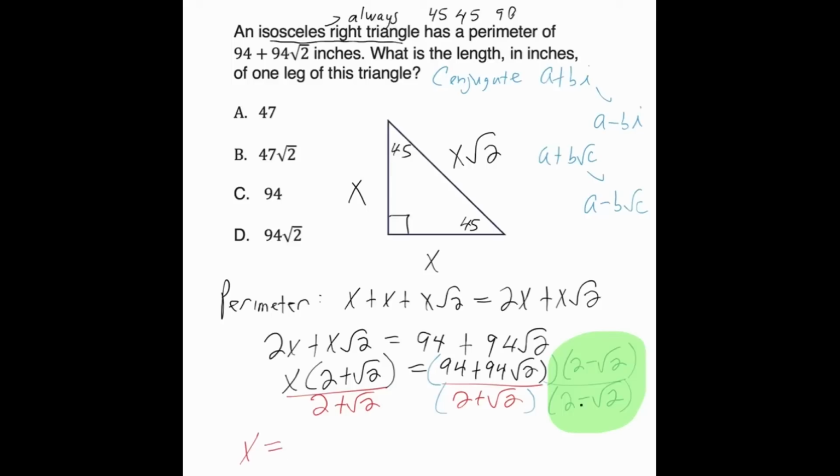And when we multiply the denominators, we'll have first times first, outer times outer, inner times inner, last times last. And in the numerator, we'll FOIL out as well. 94 times 2, which is 188. Outer times outer, 94 times negative root 2, negative 94 root 2.